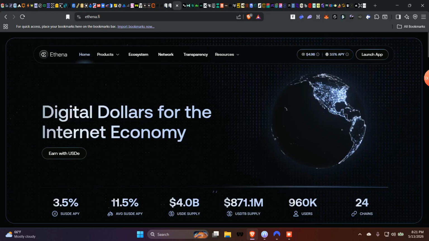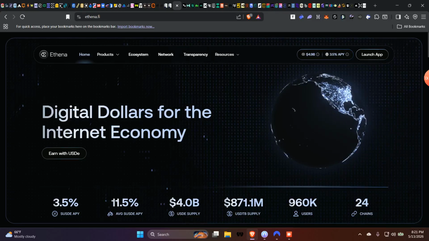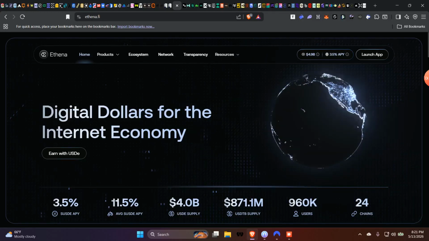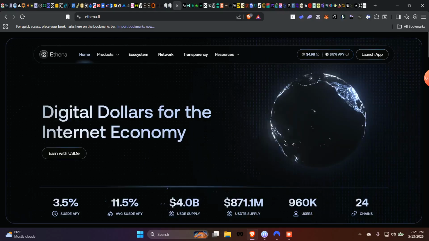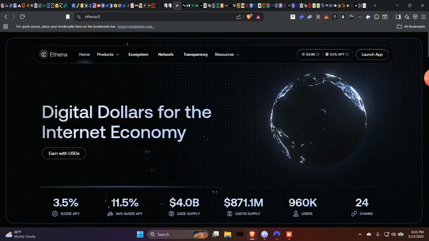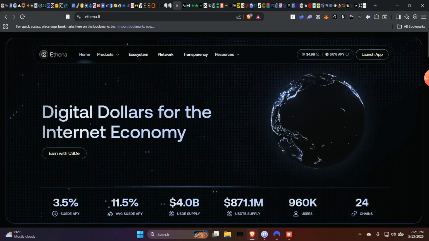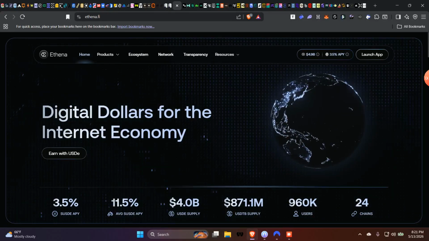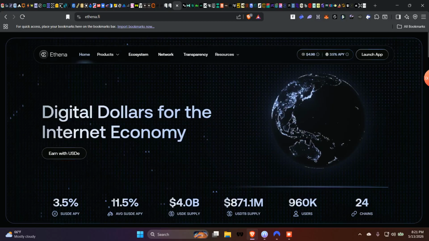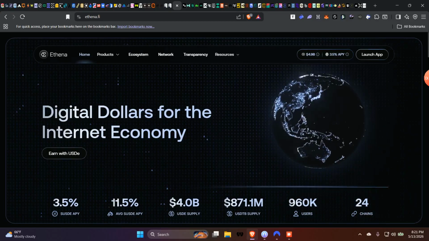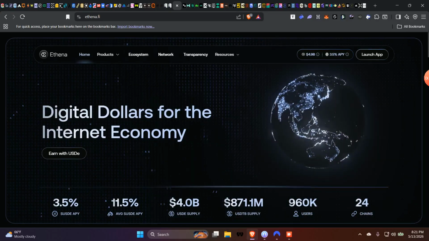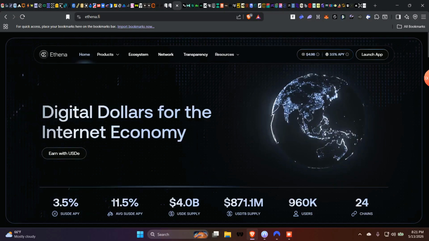They offer you a yield by doing what they call delta neutral, and that's how you get the yield. But the average SUSDE APY is 11.5%, as it says here. The S stands for staked. It's a very vast protocol. You can go and look at that, and that's what you have there.